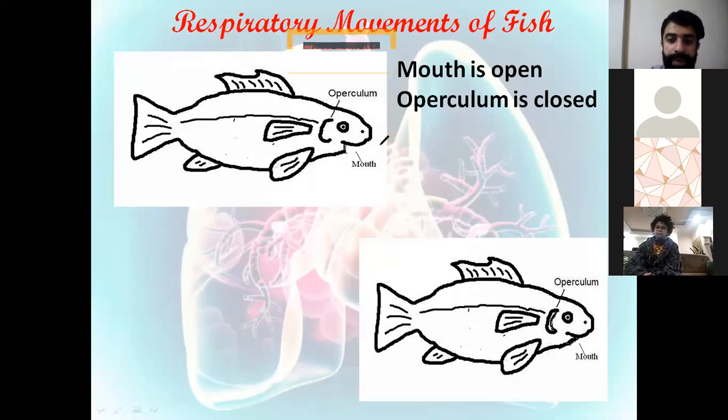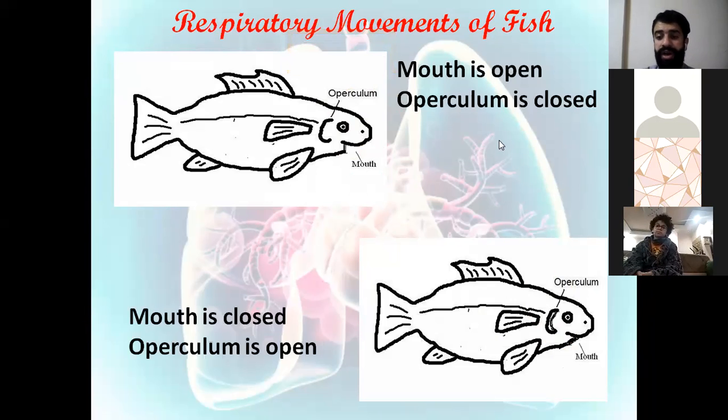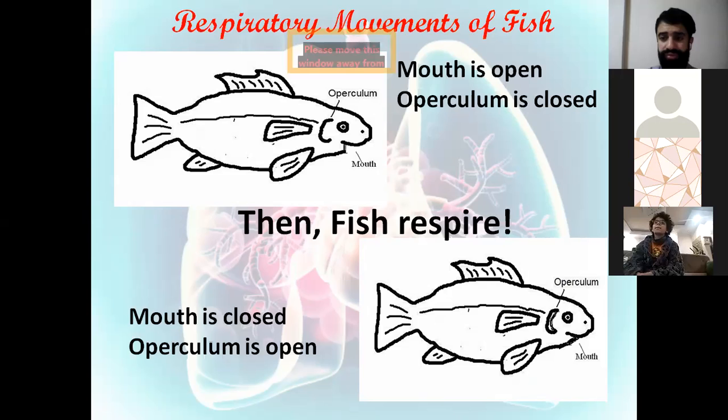Did you notice in the figure, the mouth is opened and the operculum is the opposite, it's going to be closed. While here, the mouth is closed, so the operculum will be open. Whenever we talk about this, we are talking about the respiratory movement. So the mouth is closed in the second figure and the operculum is open. So here, the fish respire.